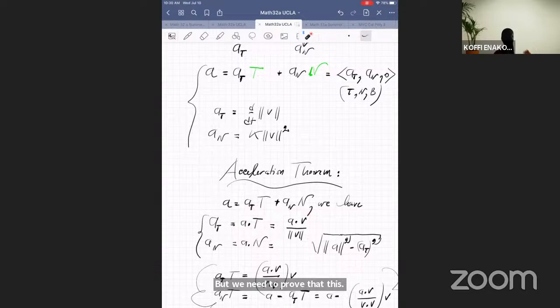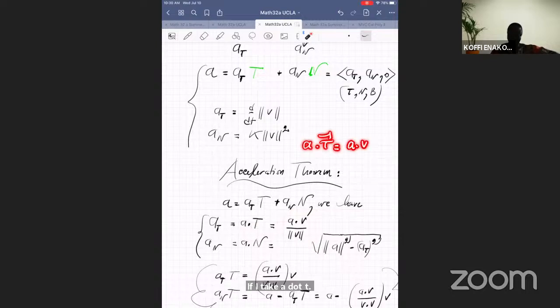Why is it that if I take A dot T, I can write that it is A dot V divided by V dot V?